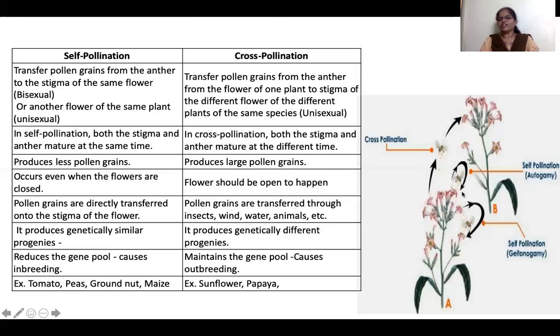In self-pollination both mature together, whereas in cross-pollination it matures at a different time. In self-pollination pollen grain production will be very less, whereas here it will be more. Pollination can happen anytime, even when the flower is closed, because both are in the same flower.